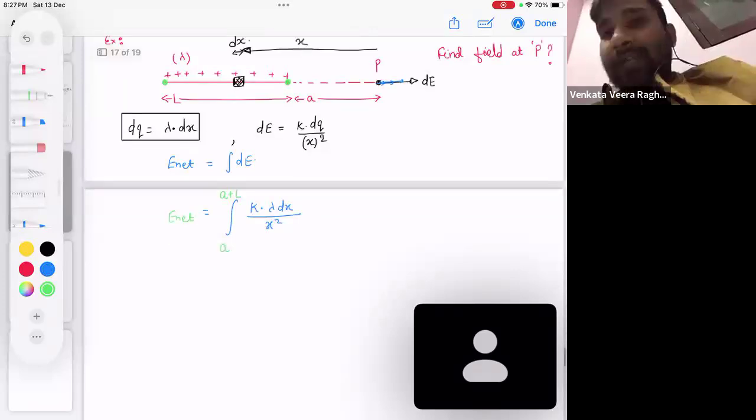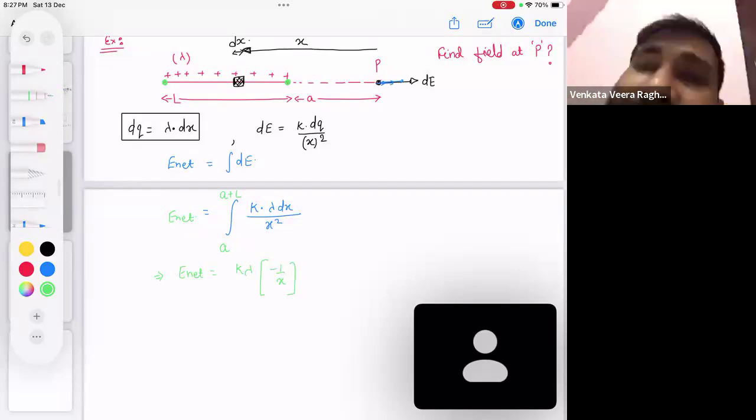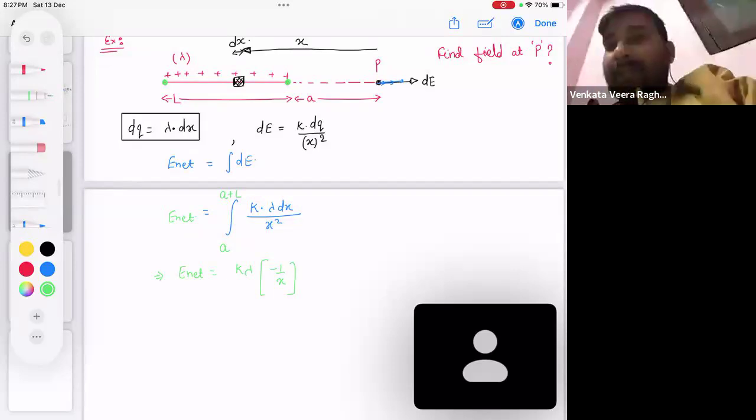Okay. So what is the net field? Tell me, can we do this integration? K is a constant, lambda is a constant. Integration of dx by x square, is it minus 1 by x? Please tell me, integration of dx by x square, how much will it come? Minus 1 by x will come.